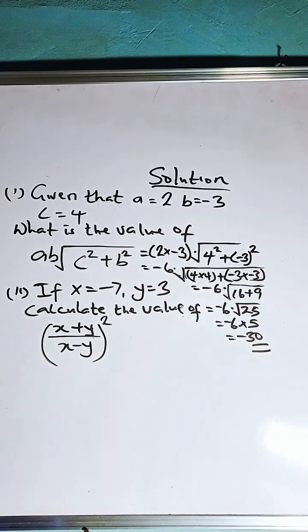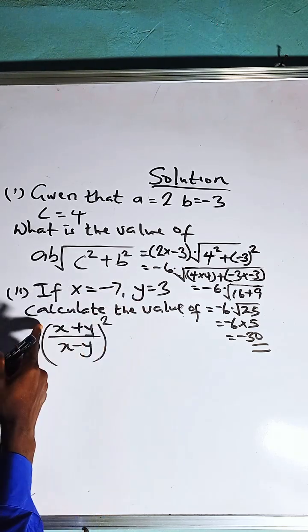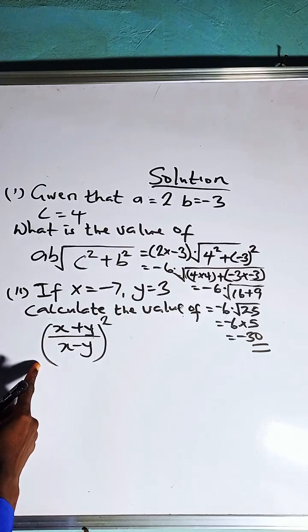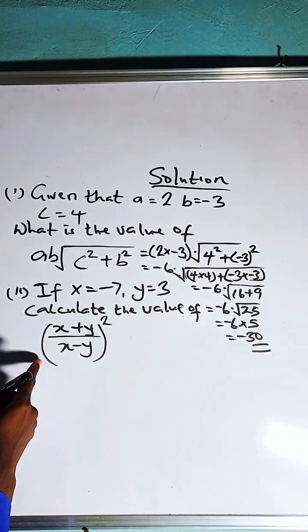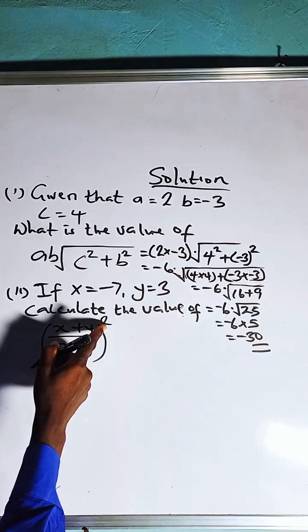For the second expression, if x equals -7, y equals 3, calculate the value of x plus y over x minus y in the parentheses, all squared.